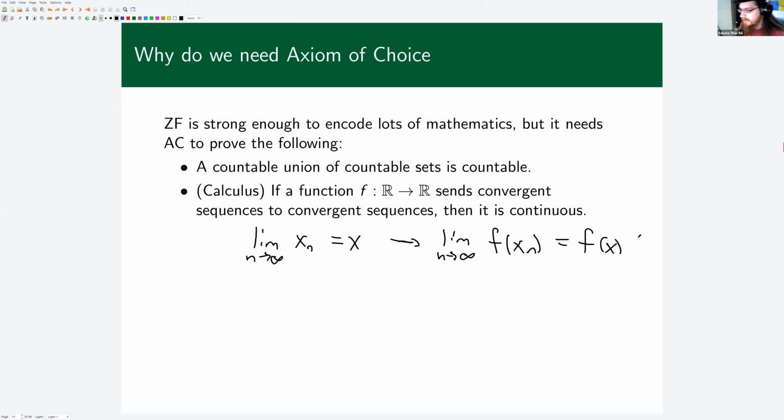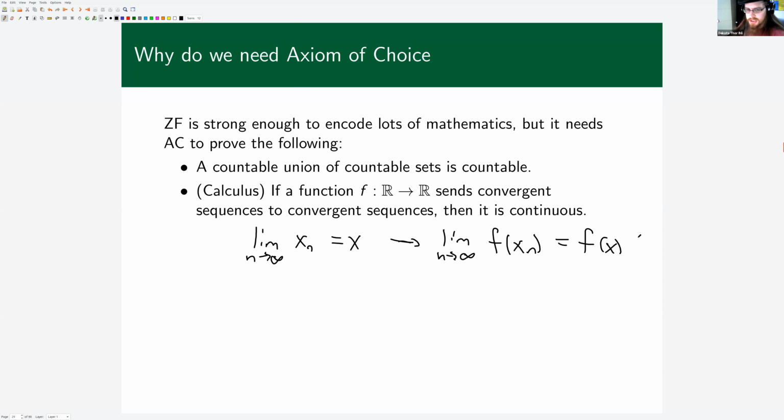So if you have a convergent sequence and you apply f to the elements of the sequence, it converges to what it should. If you have a function that has that property, then it must be continuous. This, again, is not provable in ZF alone. I think with this one, the axiom of countable choice is enough. But you do need some choice.